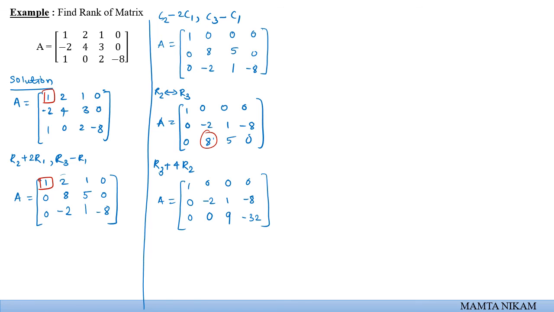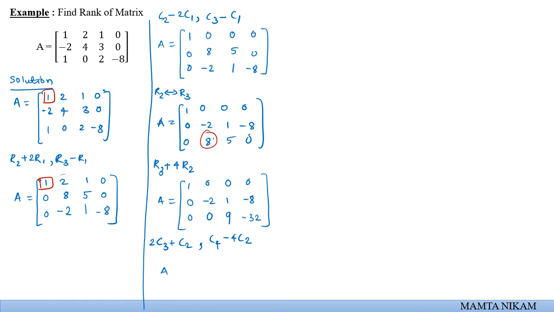So if we want column transformation, what will you do? We can perform 2C3 plus C2 here. So 2 times 2 minus 2 will give us 0, and this minus 8 has to be made 0. So we can perform C4 minus 4C2, that is minus 8 plus 8 will give us 0.